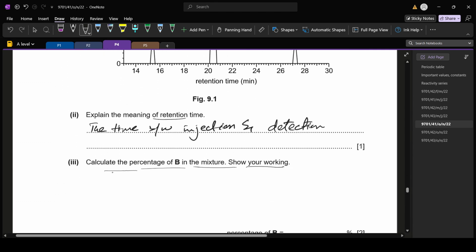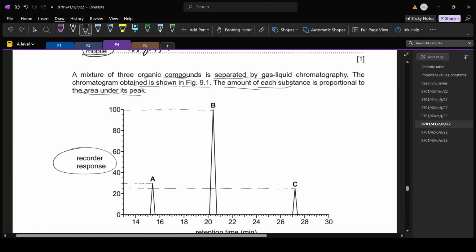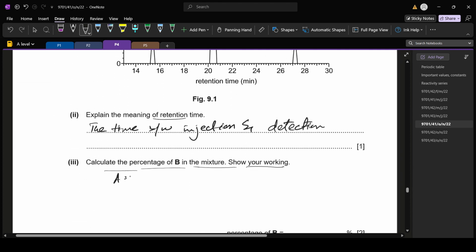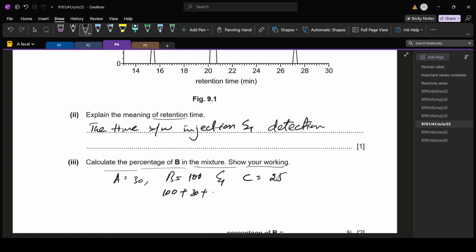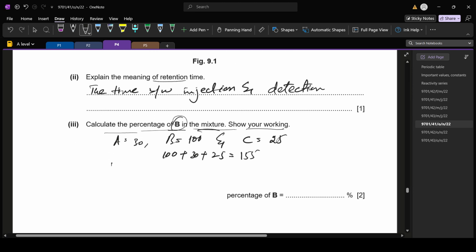So the areas are A equals 30, B equals 100, and C equals 25. In total, 100 plus 30 plus 25 is equal to 155. So you have to calculate the percentage of B in the mixture.